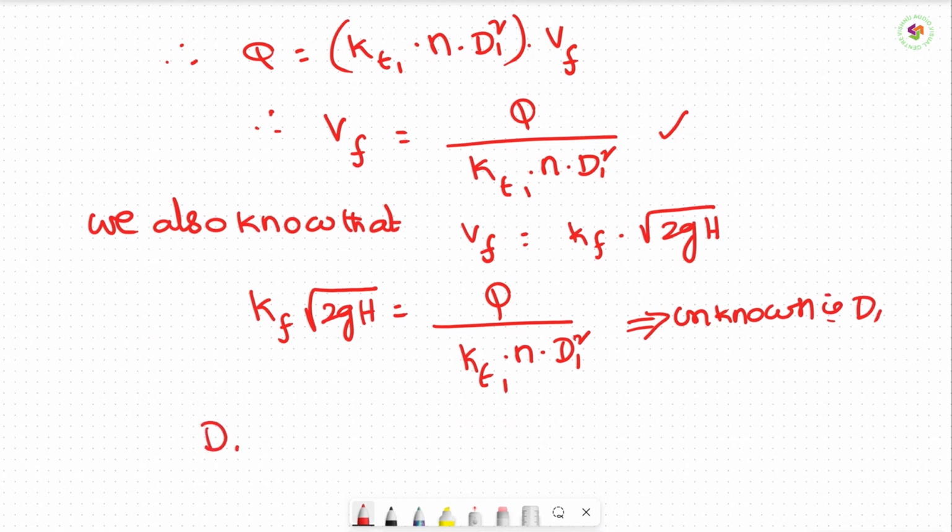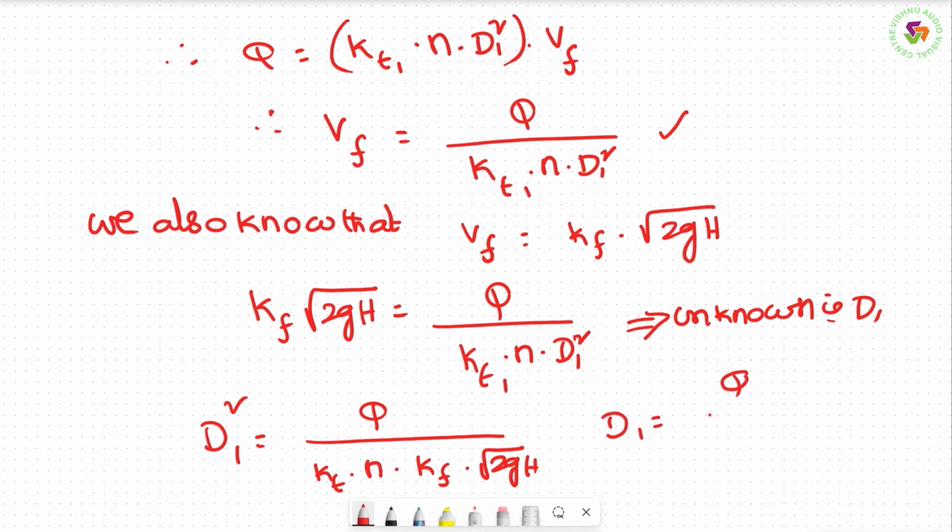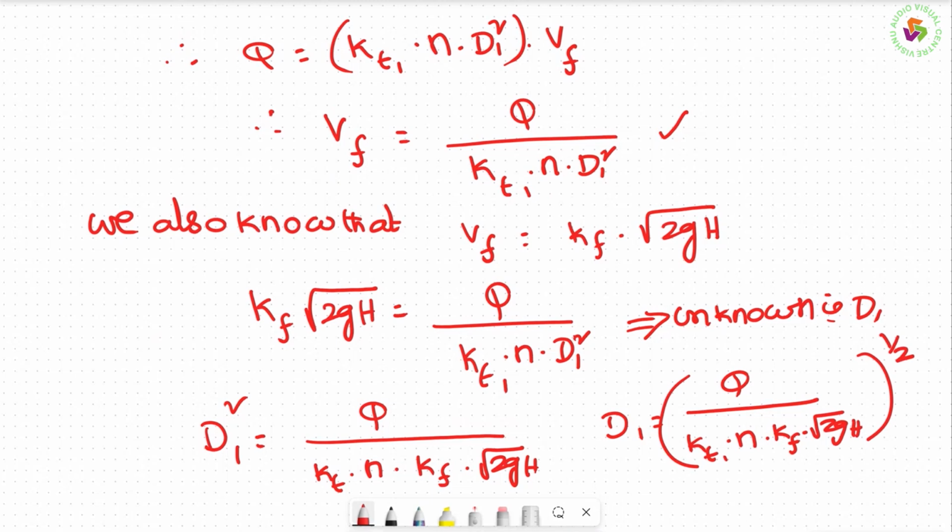So write the equation for d1: d1 square is equal to Q divided by KT1 into pi into n into Kf into root 2 gH, and d1 is equal to that whole to the power of half. That's all. By using this, you can get the diameter.